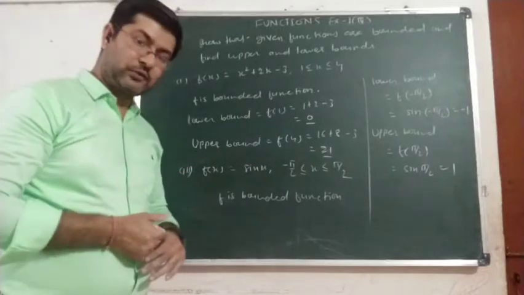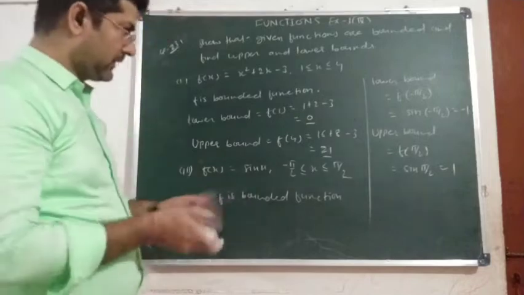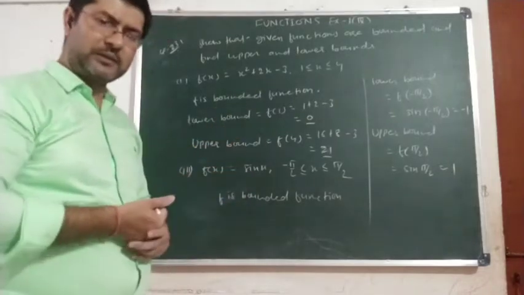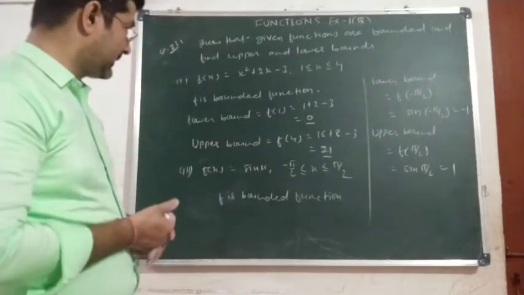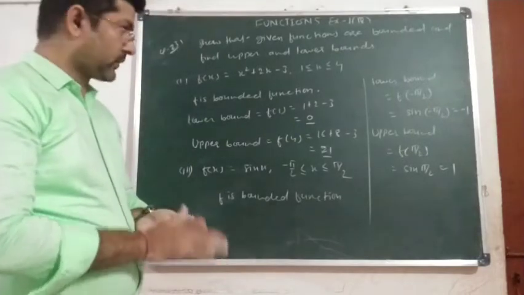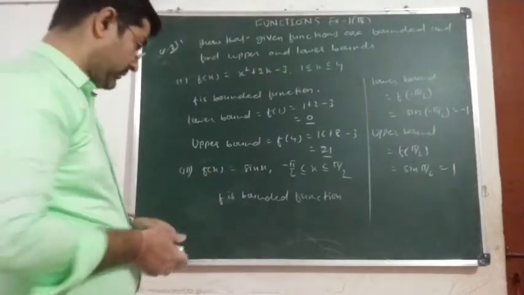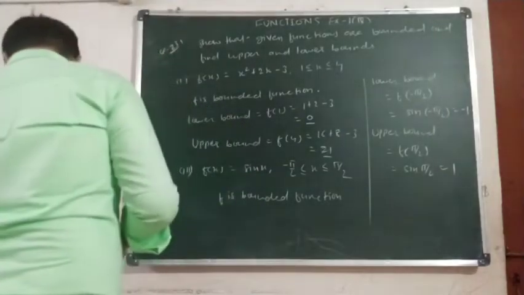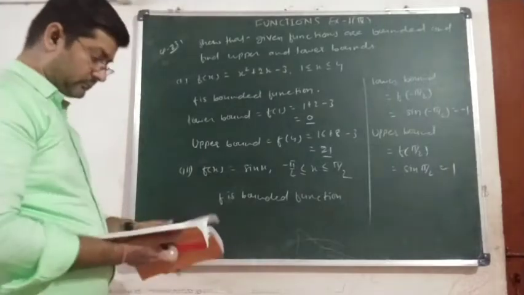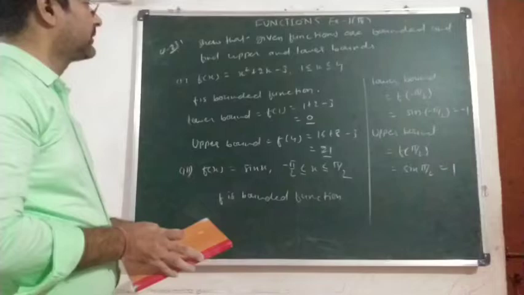Similarly, in the next question you are given f of x is equal to 10x, and the given limits, both lower and upper boundaries, are given. Clear? And therefore you can calculate upper and lower bound. Okay, now we will solve question number 24.